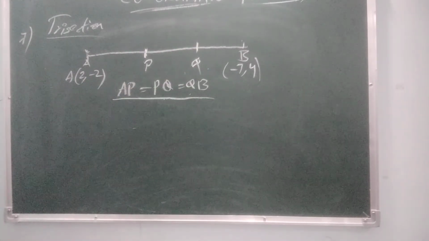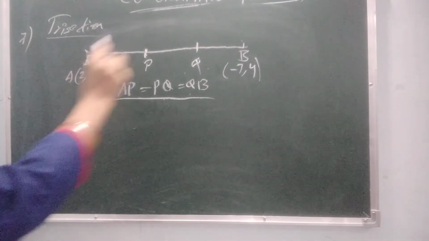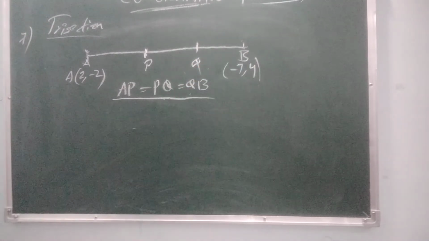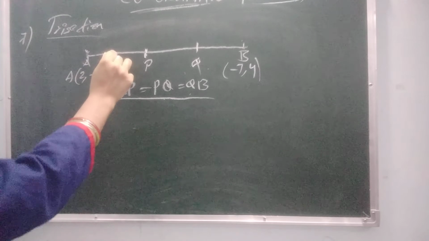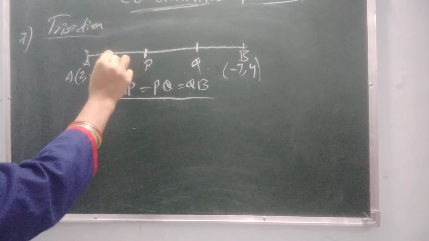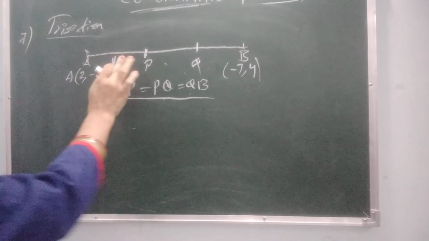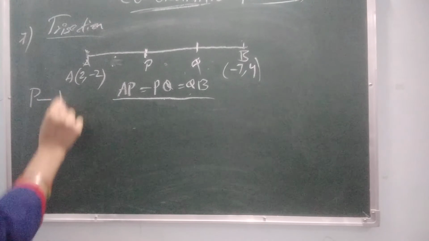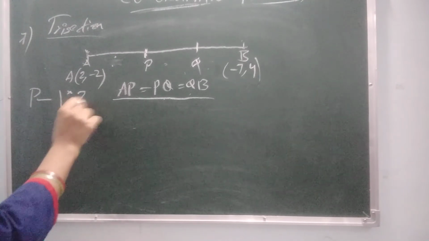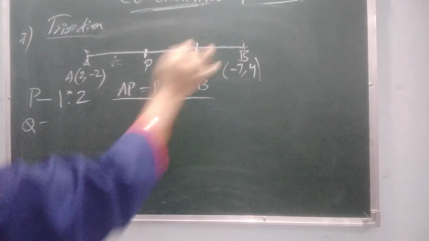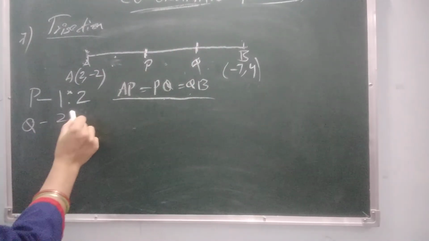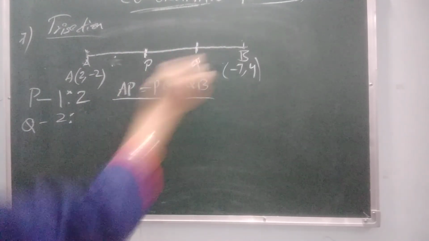That means P divides A and B internally in the ratio: see here, P divides with 1 part here, 2 parts there. That means P divides AB in the ratio 1:2. And Q divides with 2 parts here, that means in the ratio 2:1.